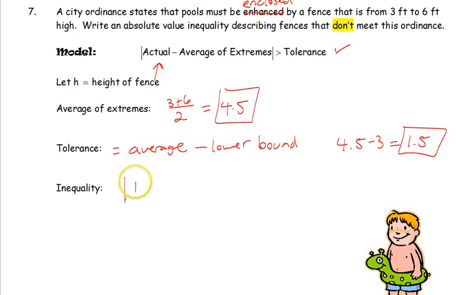the absolute value of h, which is our actual, minus the average of our extremes, is, again, it does not meet. Notice how that's in yellow over here. We want it to be greater than 1.5, because the tolerance model, oh no, the tolerance model already is taking that into account. But if you're not sure which way the inequality symbol should go, you can write it out and then solve it.